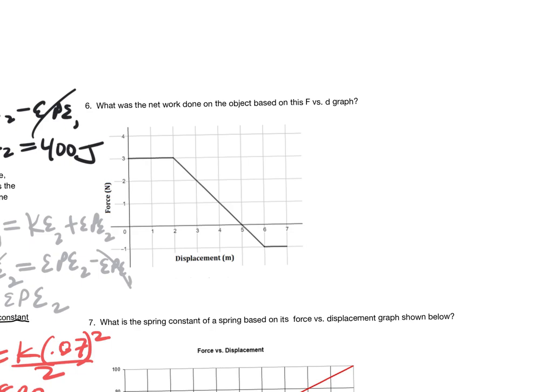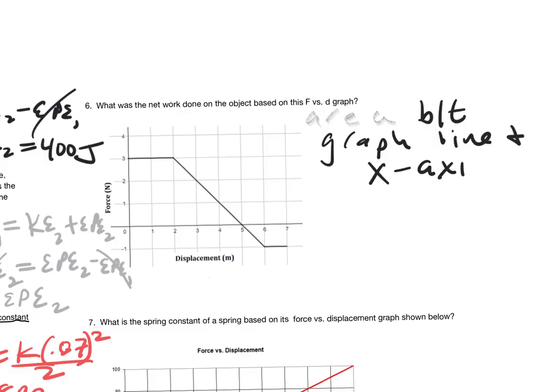Okay, on an F versus D graph, the slope doesn't mean very much, but the area between the graph line and the x-axis is equal to the work, the total work, capital W. Now, you can have positive work or negative work, right? So first break this up into shapes that you can find the area of easily.